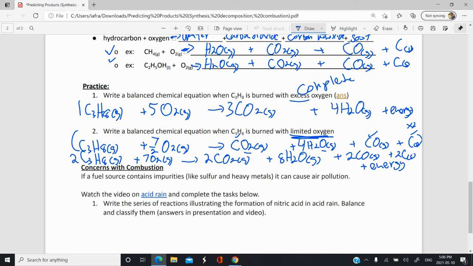Now, I don't know if I made a mistake here, but let's see. So 6 carbons, 2 plus 2 plus 2, 6 carbons are there. 16 hydrogens. Okay, for oxygen, I have 14. So 4 plus 8, that's 12, plus 2, that's 14. So now it's fully balanced for my incomplete combustion reaction.